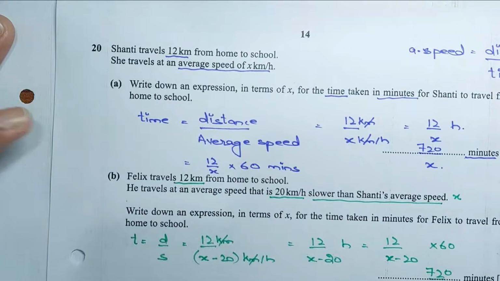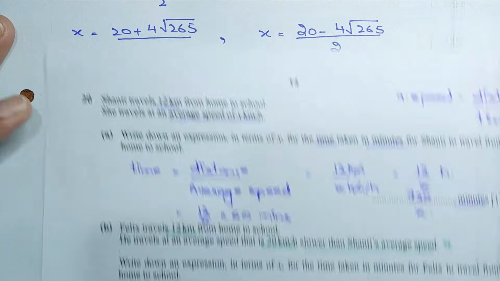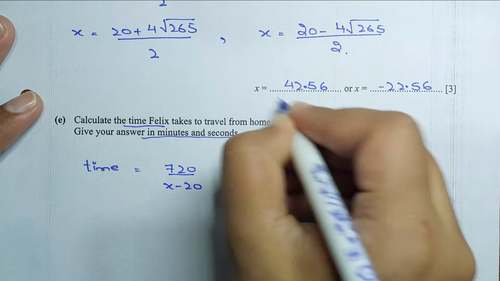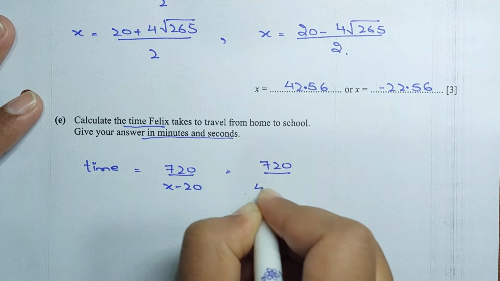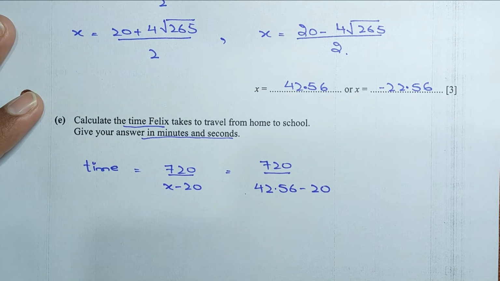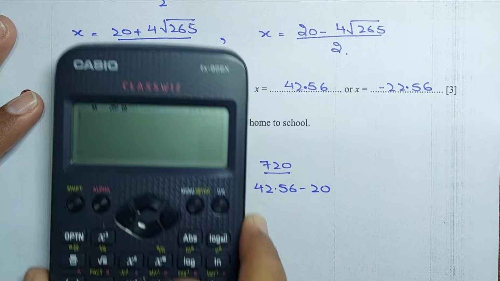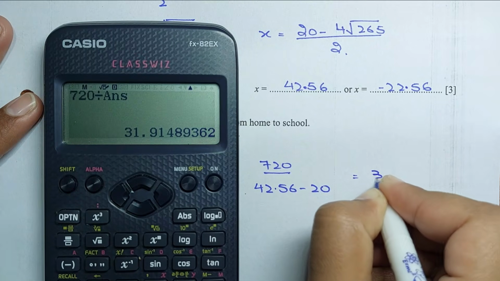We are given that x is the average speed, and speed is never negative, it's positive, right? So we have to pick the positive one, which is 720 over 42.56 minus 20.